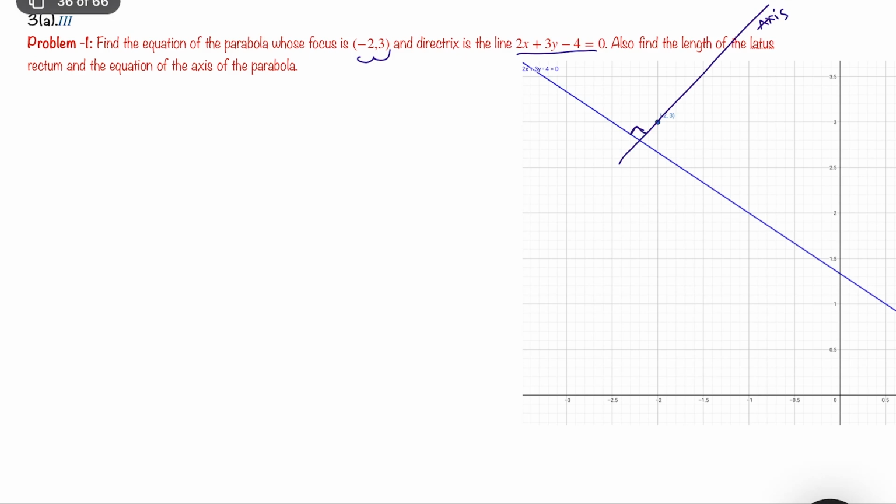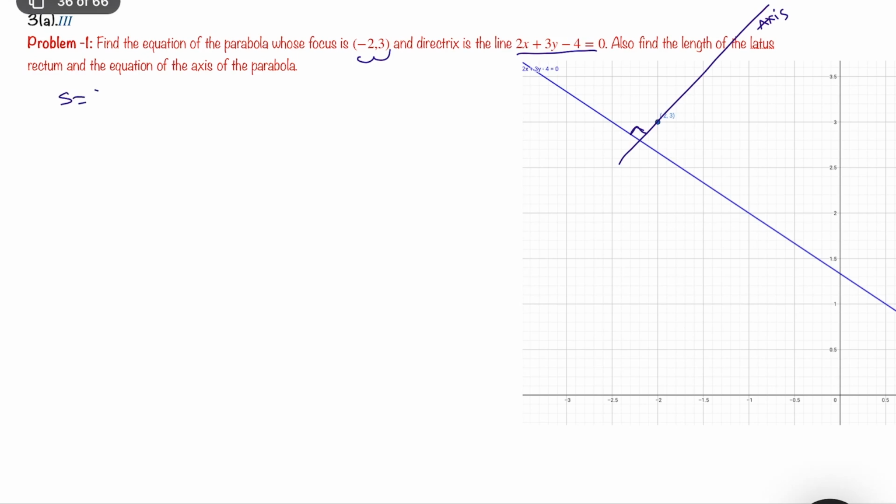As you can see here, this axis is neither parallel to the x-axis nor parallel to the y-axis. So we are going to have a general equation of the parabola. We know how to write down the general equation of the parabola in terms of focus and directrix. Here focus and directrix both are given.